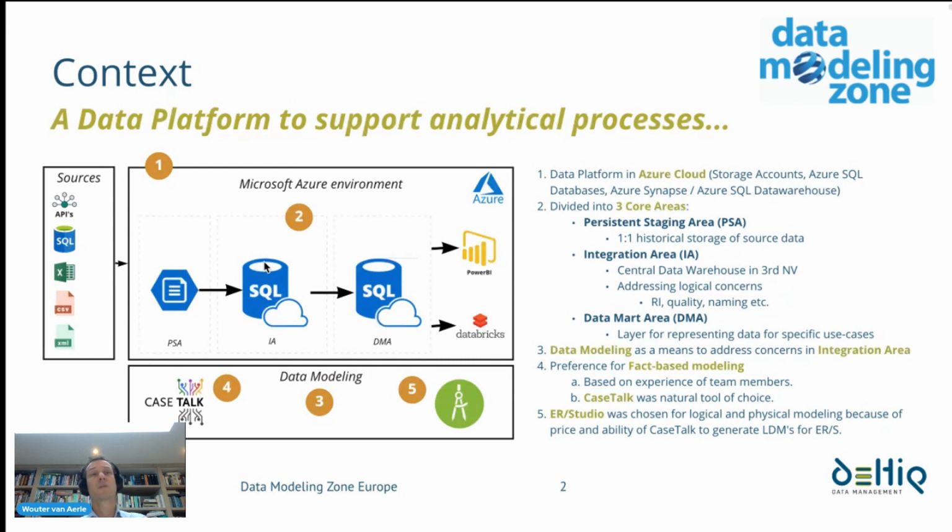And what's important for our story today is that we focus on what we call in this environment the integration area, which is a set of databases in which we want to manage some concerns which are depicted here on the right hand side. So we have chosen that we want to do basic third normal form data structure.